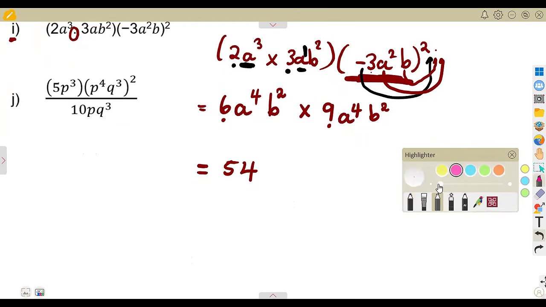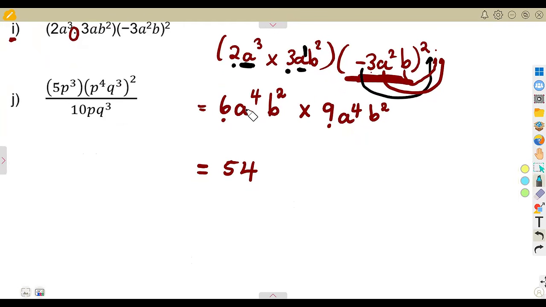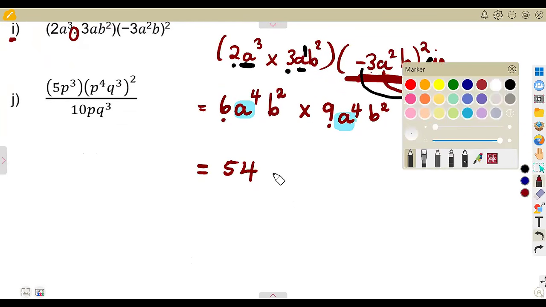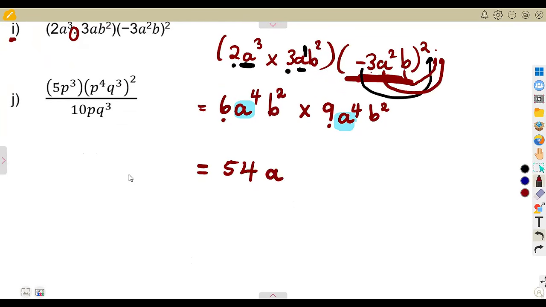I'm considering the base of a, and there's also the base of a here. If the bases are the same, we add the exponents. So that is a to the exponent of 4 plus 4, which is 8. So that gives us a to the exponent of 8.